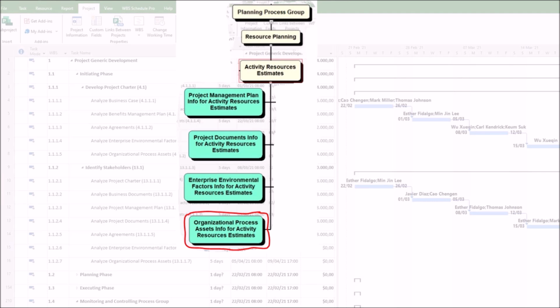Second, assess relevance. Not all assets will fit your project-specific context. Evaluate and select the organizational process assets that best match your project's size, complexity, and goals. Third, tailor and apply. Customize the templates and procedures to suit your project's unique needs, then incorporate them directly into your resource estimation activities.